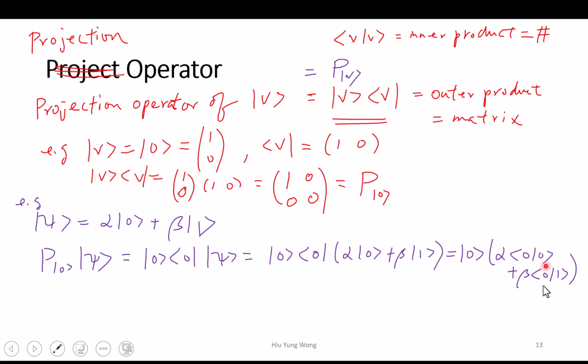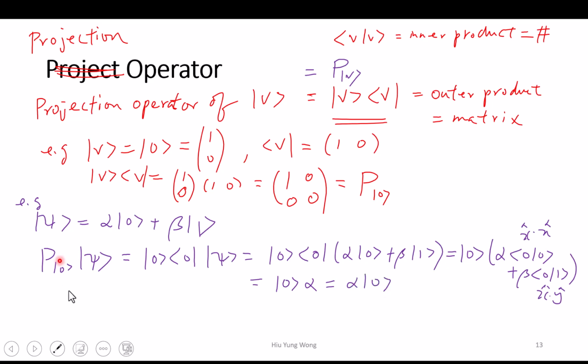What is <0|0>? What is <0|1>? This is an orthonormal basis, as we said earlier. So this is just like x hat dot x hat. This is just like x hat dot y hat. Then of course this is 1 and this is 0 because it's orthonormal. So the projection operator gives me |0> times alpha, because the second term is gone, which is alpha times |0>.